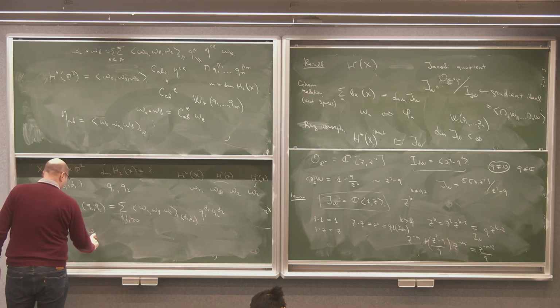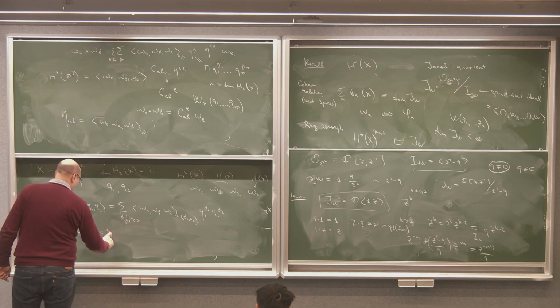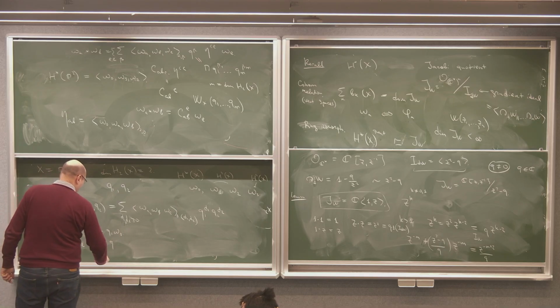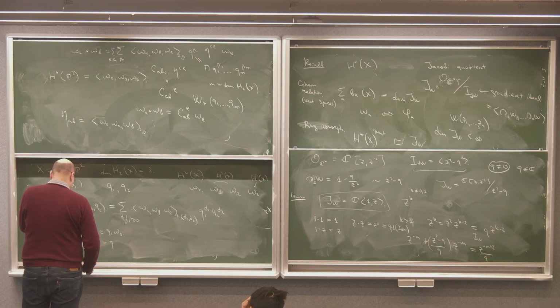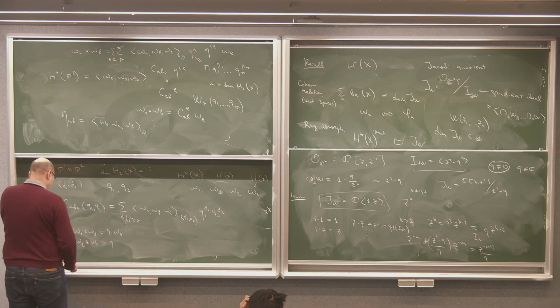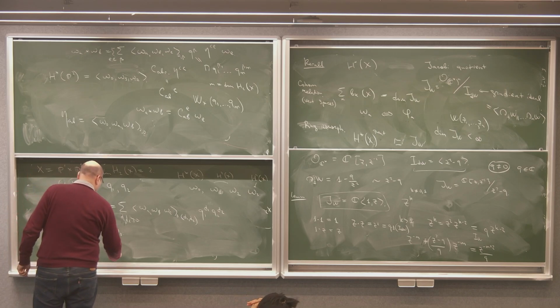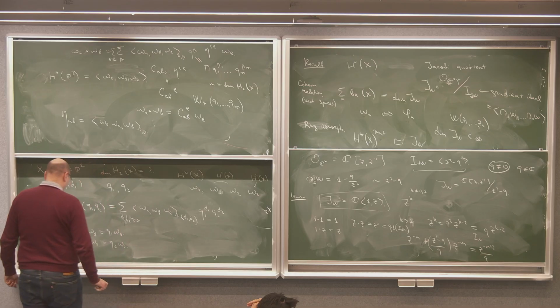So if I multiply 2 omega 1s, I will get Q1 times omega 0, and if I multiply 2 omega 2s, I get Q2 times omega 0.